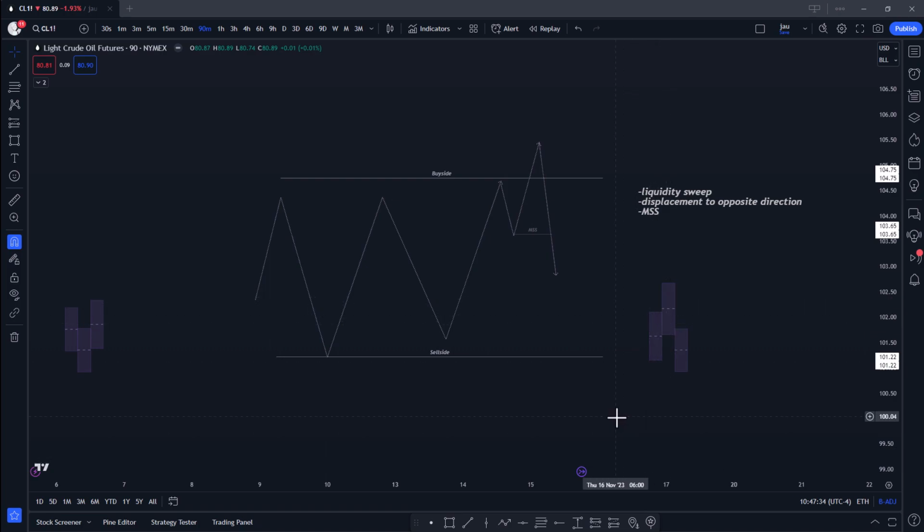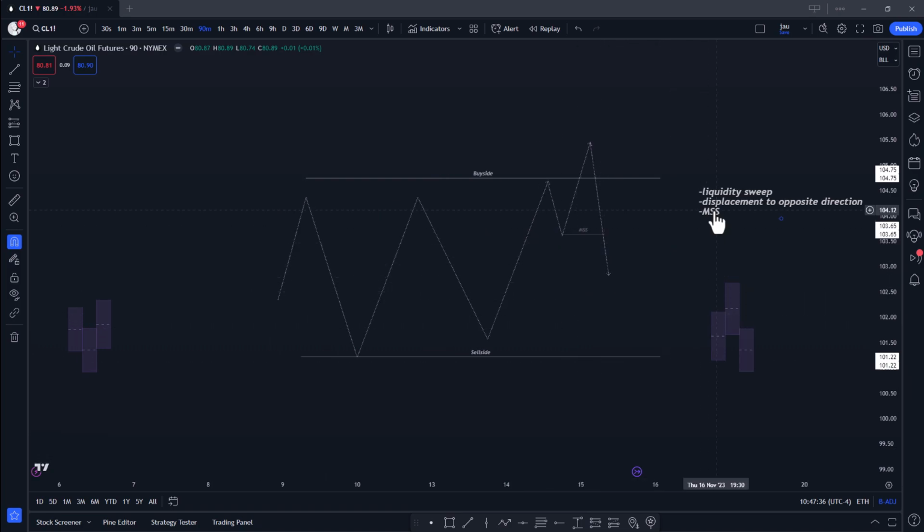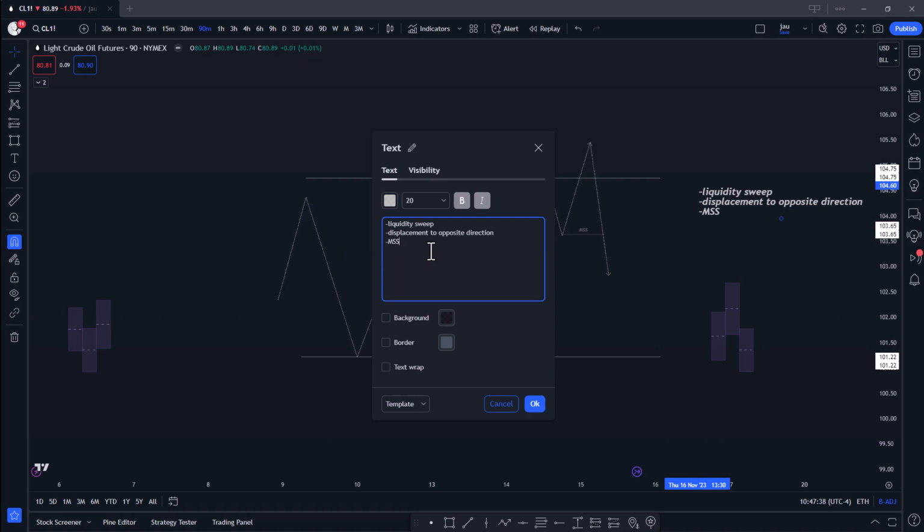So what I use as an entry would be a fair value gap, right? That's the easiest entry. So we have an entry to the opposite direction with a fair value gap. But in my case, I can also use a breaker. I can also use a mitigation block.